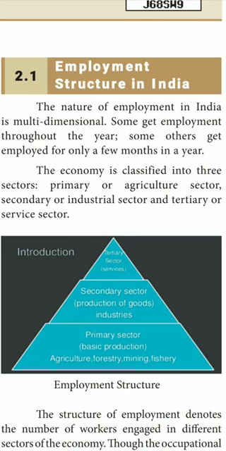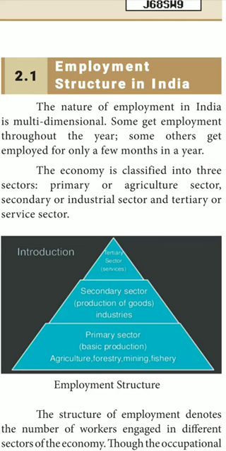So the economy is classified into 3 sectors, that is primary or agriculture sector, secondary or industrial sector, and tertiary or service sector. Okay. What are the basic productions of the primary sector? Agriculture, forestry, mining, fishery. At the same time, the secondary sector is the production of goods, industry.